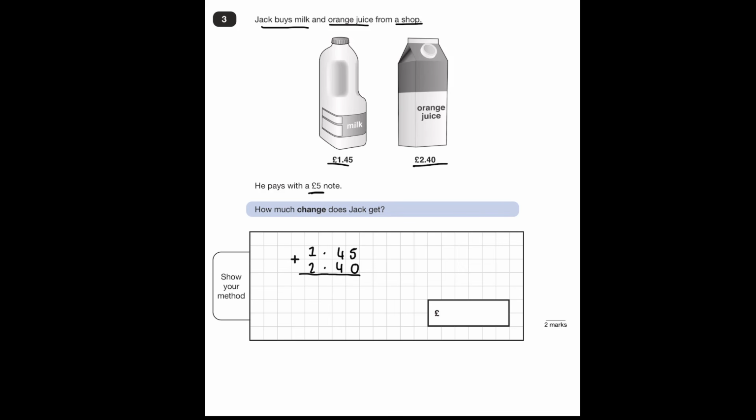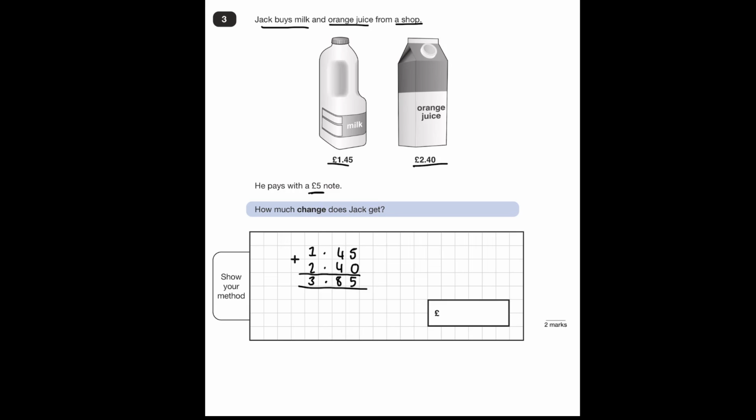In column addition, 5 hundredths plus 0 hundredths are 5 hundredths. 4 tenths plus 4 tenths are 8 tenths, and 1 plus 2 is 3. So £1.45 plus £2.40 is equal to £3.85.